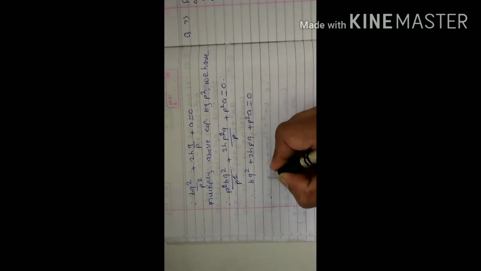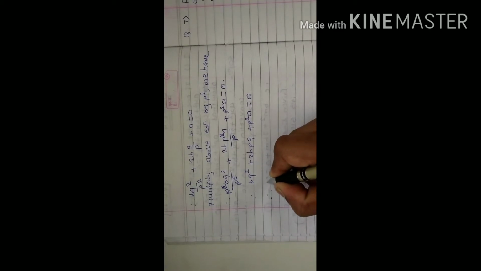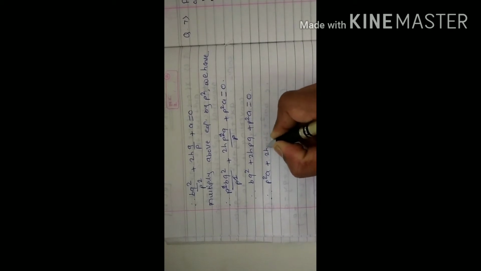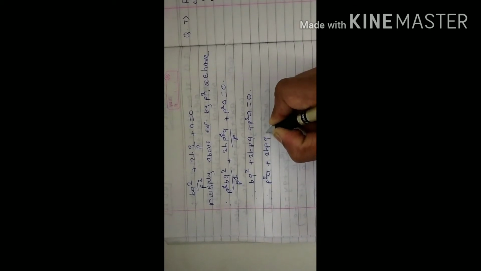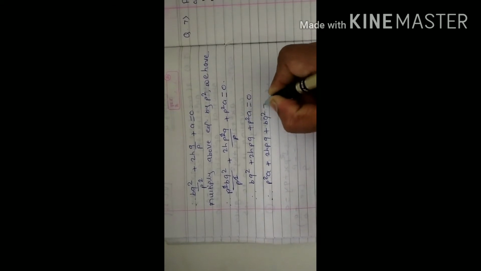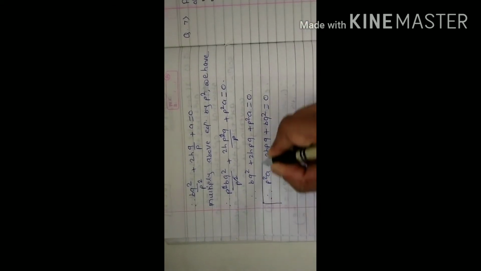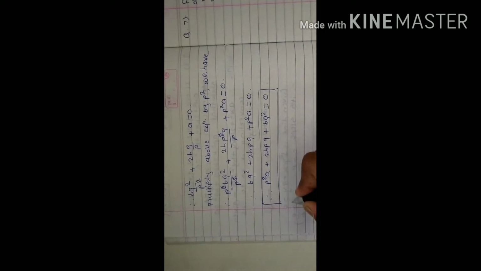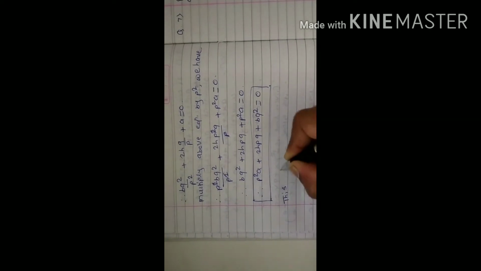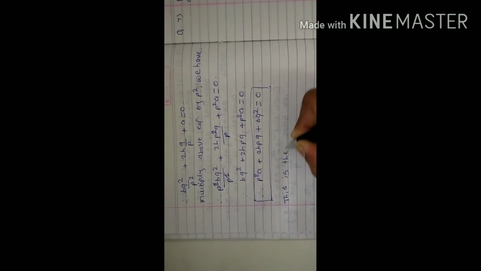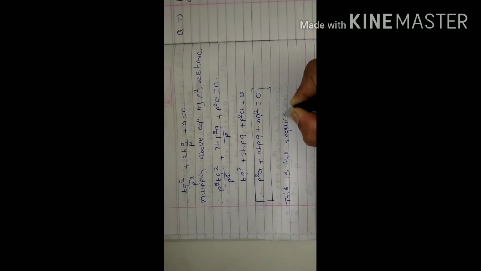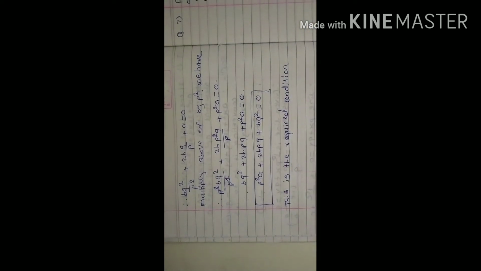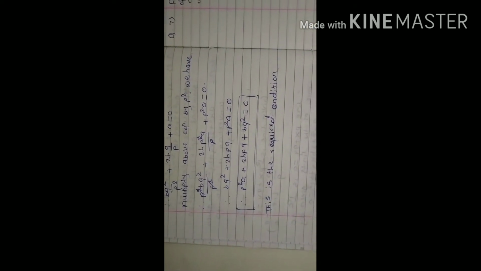We get p square into a plus 2h pq plus b into q square is equal to 0. This is the required condition, hence proved.